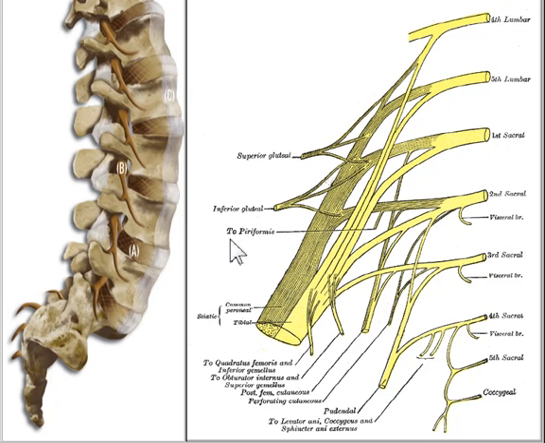It runs from up here at L4 all the way down to S3, and you remember that the sacrum is fused here, but you do have these nerve roots coming out. So at this third sacral nerve, you've got this final little bit of the nerve that comes in and joins to make up the sciatic nerve.